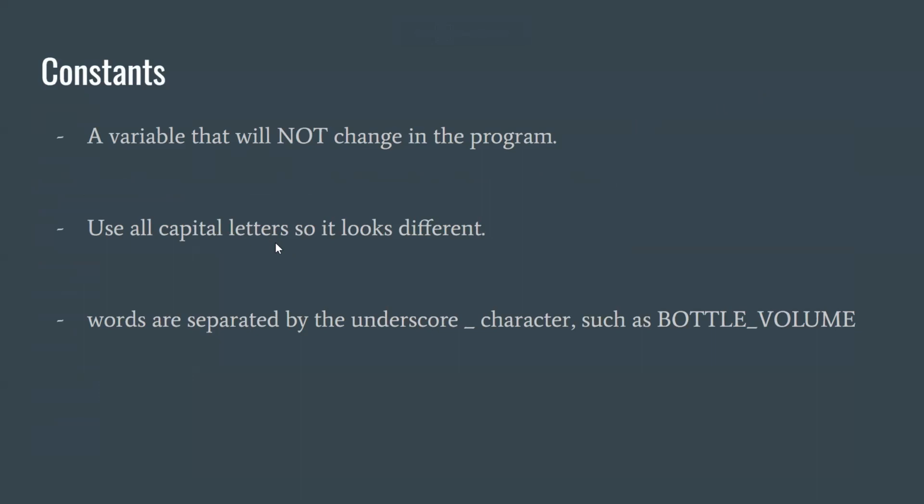Python does not enforce that this variable will be constant. You can change it if you want. However, the convention is whatever you write in all caps will stay the same throughout the course of the program. And if the variable name, which is a constant, contains more than one word, you would use underscore to separate the words.